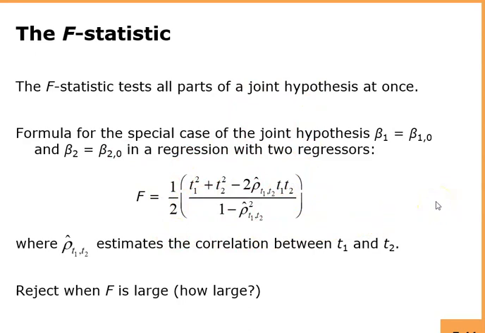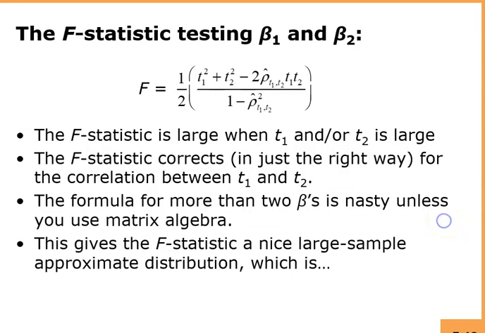Then we will reject when F is large or larger than the F critical value, and we will fail to reject if the F stat calculated from this equation is smaller than the F critical value.